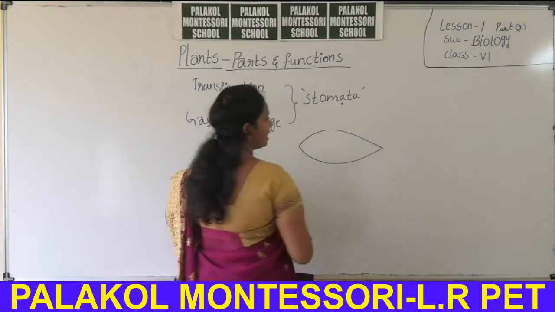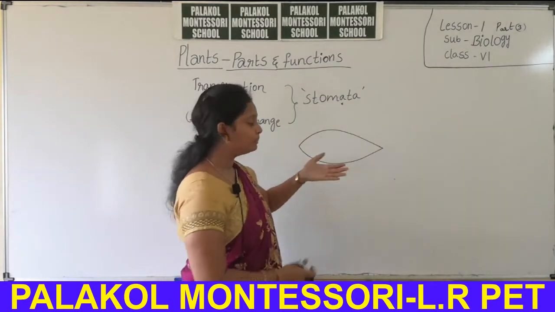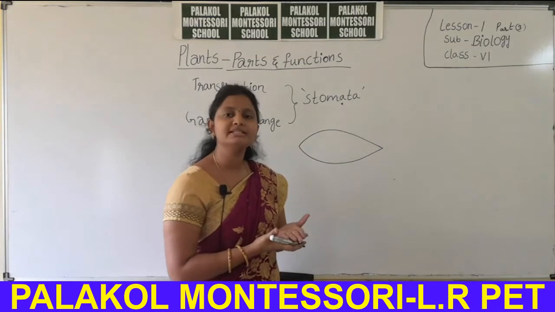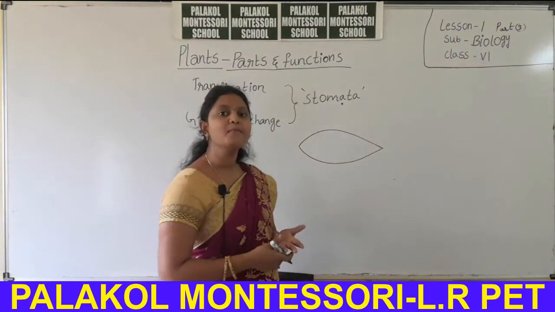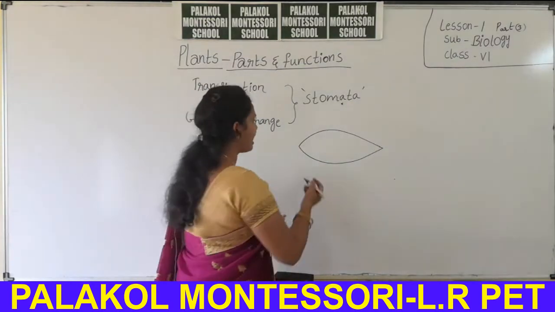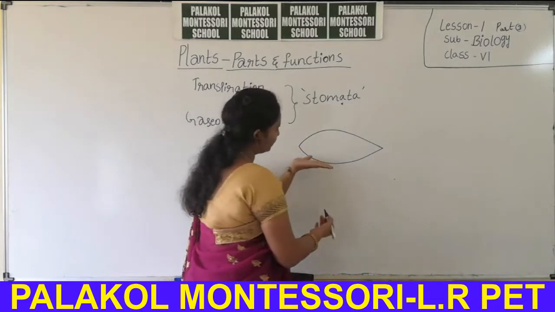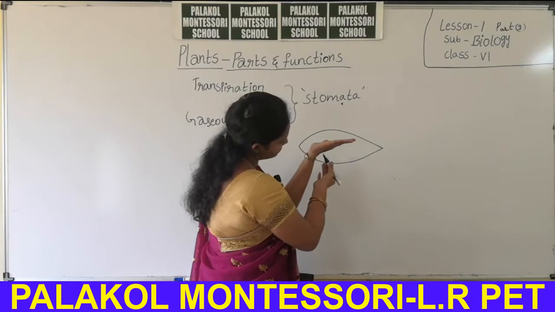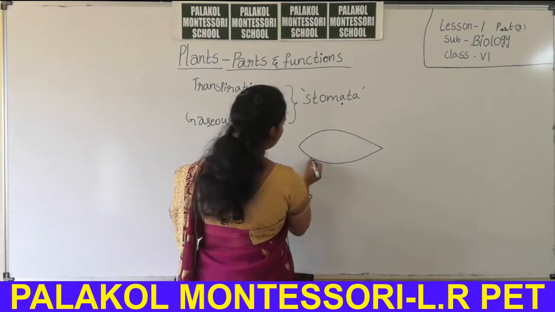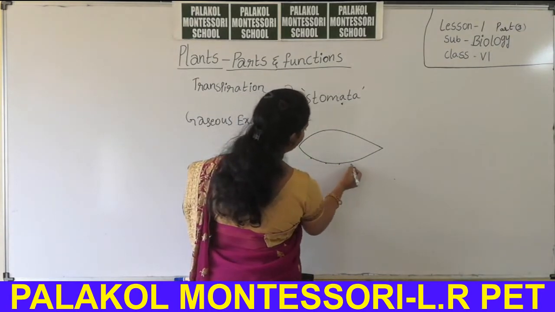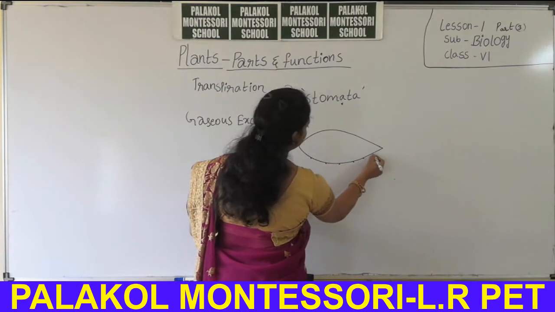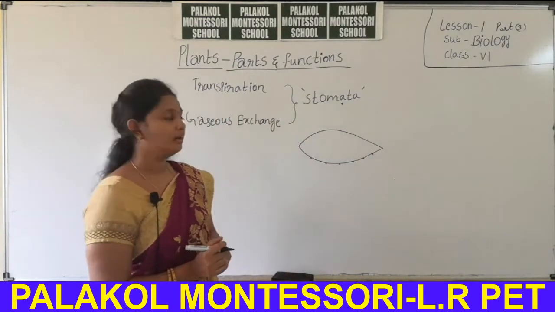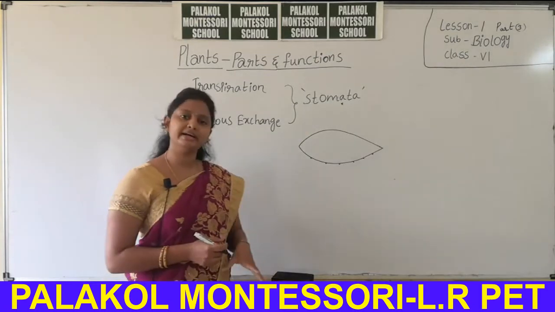In leaves, the bottom region of the leaf has more stomata. That means, this is a leaf, and the bottom region of the leaf has more number of stomata. So what is a stoma here?